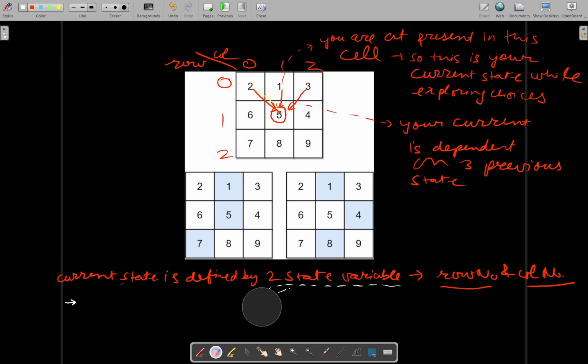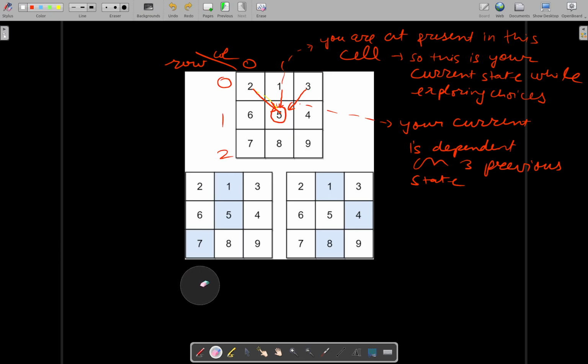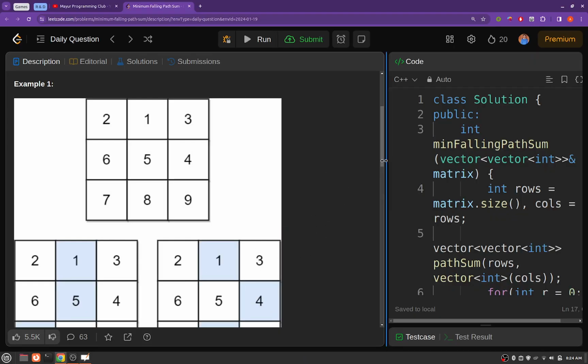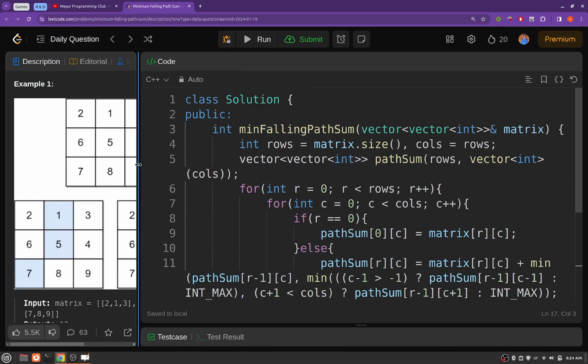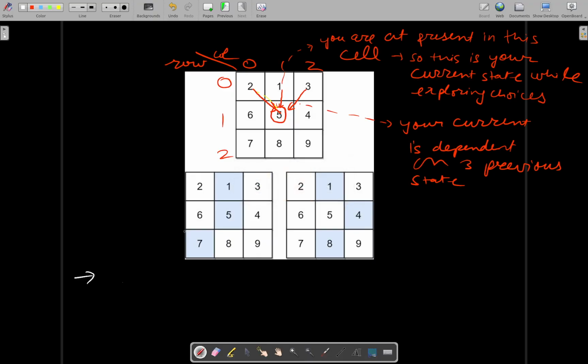Okay, so what we will be doing is, let's say your current state is path sum, which is the name I have given to this. Just for the sake of consistency, we are considering path sum of r comma c. So we are at cell rc. This is your current state.